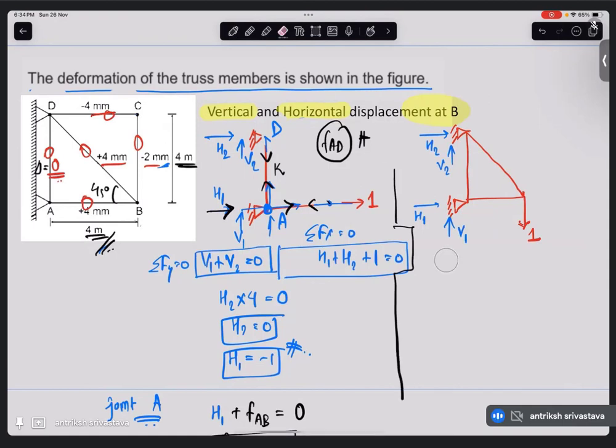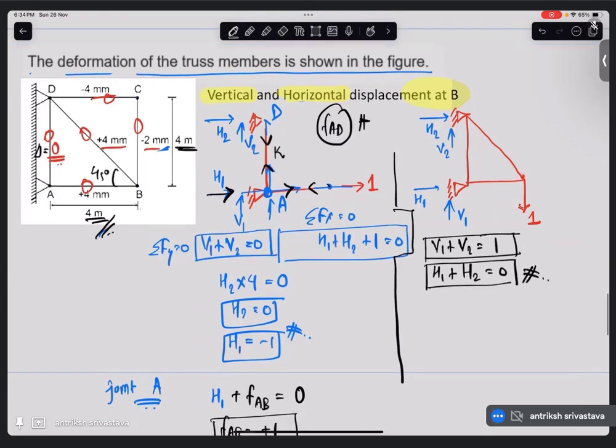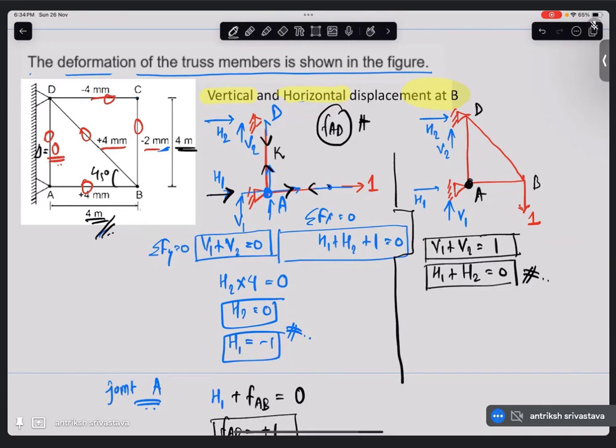Again, we'll write the whole system equilibrium equations. So V1 plus V2 is equal to 1 in this case because the force is going vertically downwards. H1 plus H2 is equal to 0. Considering now the moment at the same joint A, we can see that H2 into 4 plus 1 into 4 is equal to 0.